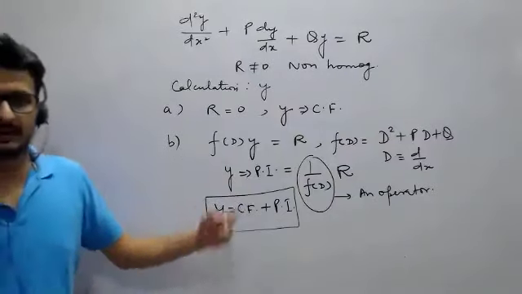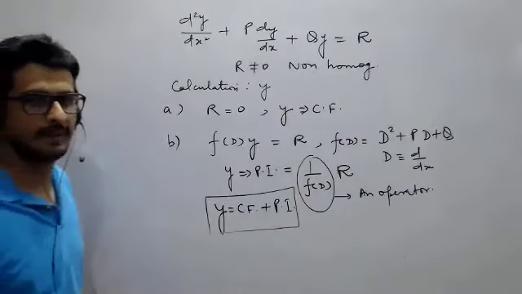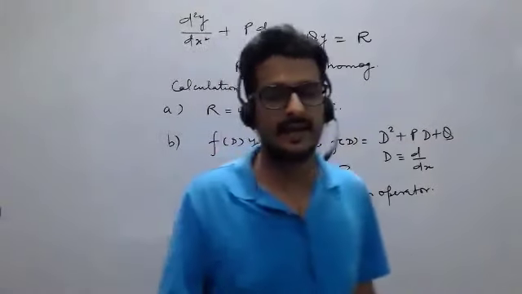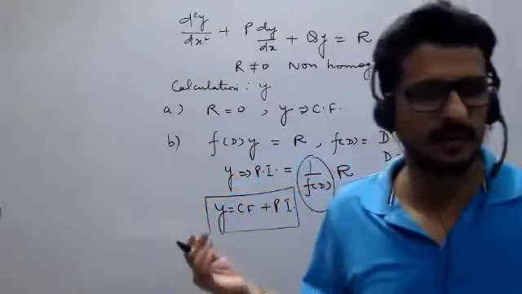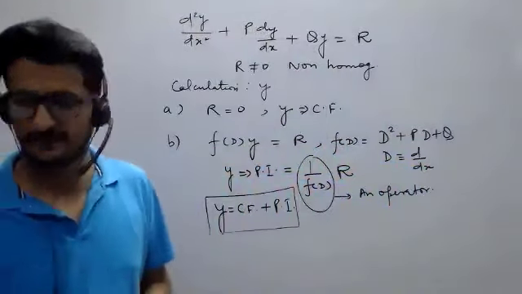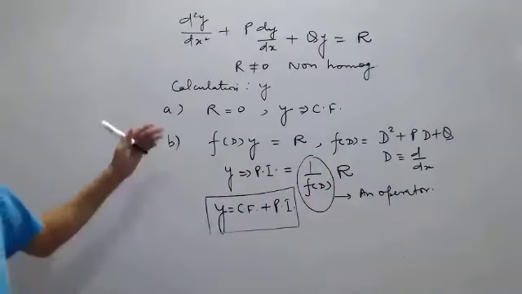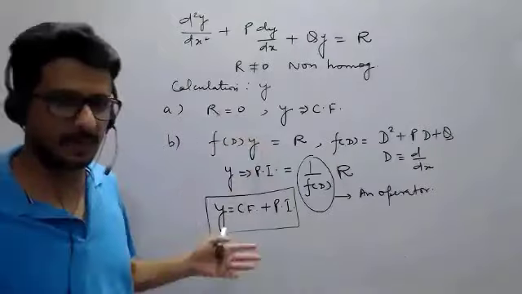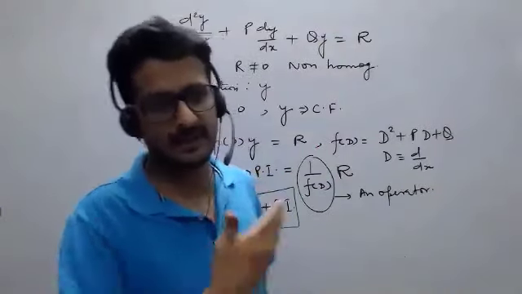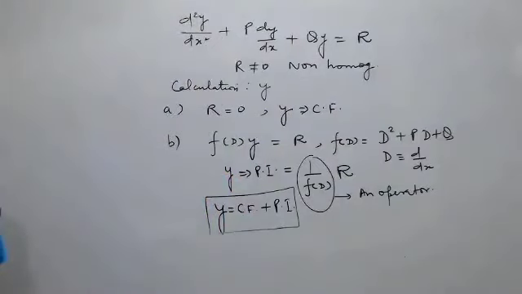So this is the method we will be using to calculate the value of the complementary function as well as the particular integral. You know all these things already. It is just a quick revision, and if you don't know, then in both cases you have to pay attention. If you don't know, you have to just learn this method.